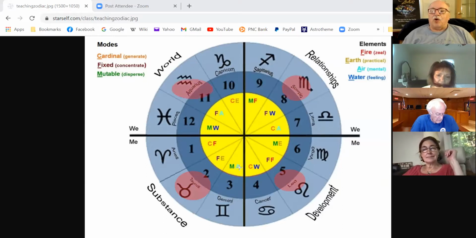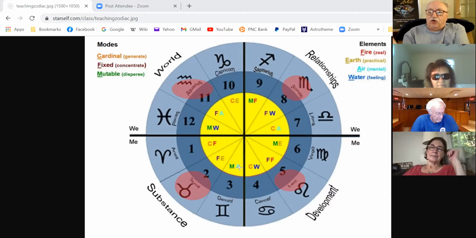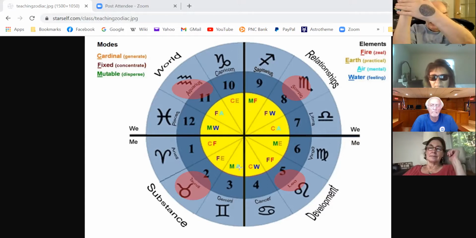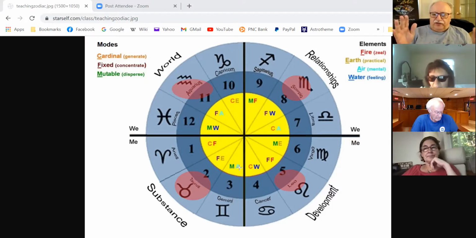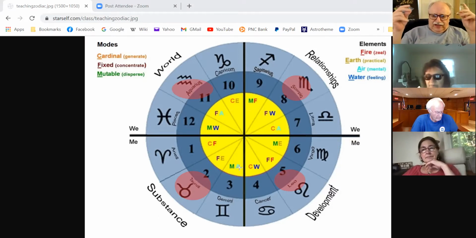And the reason I'm always telling you about these is when I'm watching transits, I'm always looking across the zodiac or at a right angle. So when a planet's hitting at this point, it's also hitting at that point. It's also hitting at this point. It's also hitting at that point. So that's why it's really important that you understand instantly what the 4 fixed signs are.